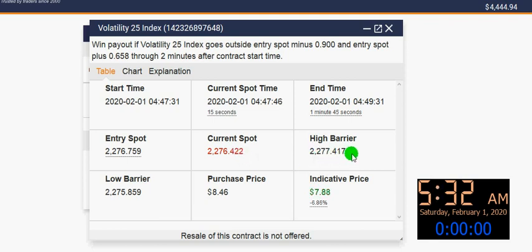So once it's 277.417, the trade will be closed, and once it's 275.859, it will also be closed. 276. We are close.